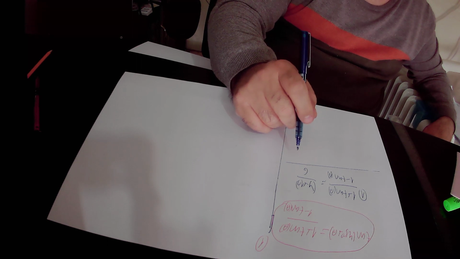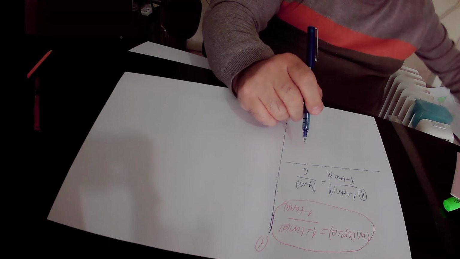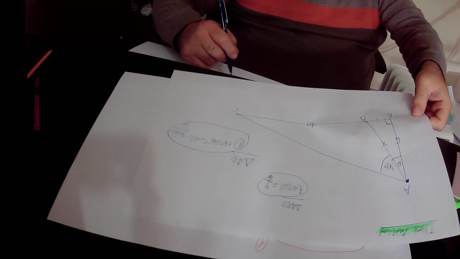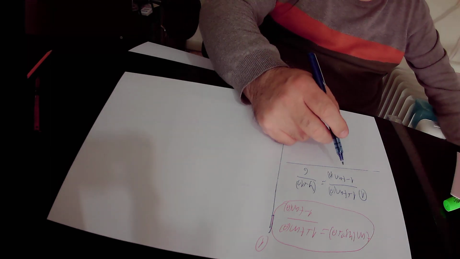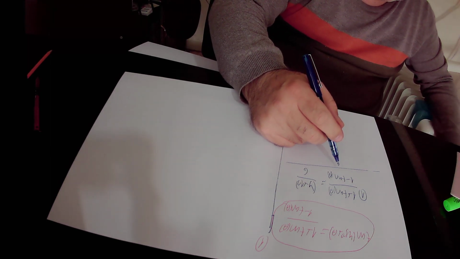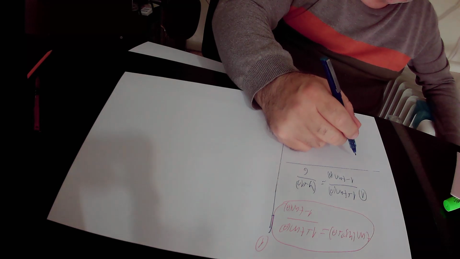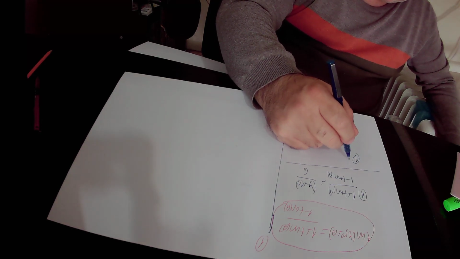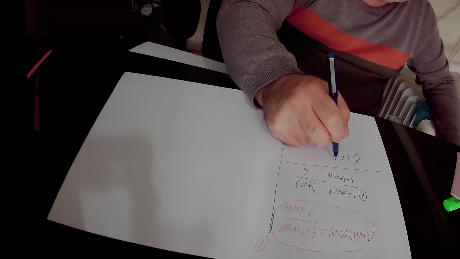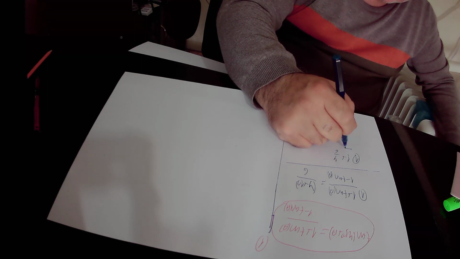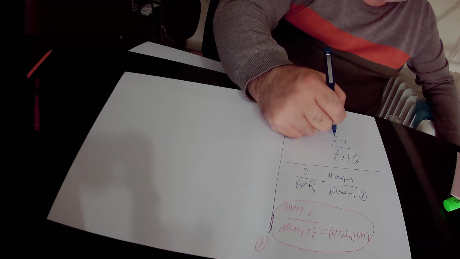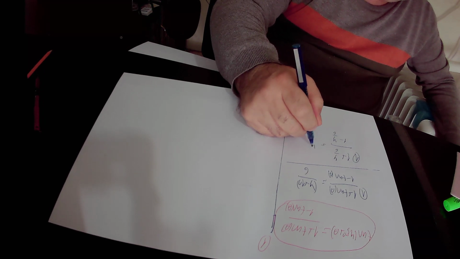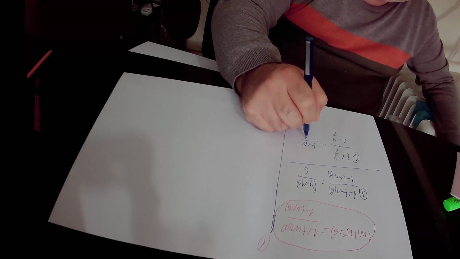But first of all, we have already found out that tangent theta equals y over 6, so we substitute tangent theta in equation number 1 by y over 6, and we get that 1 plus y over 6, over 1 minus y over 6, is equal to y plus 10 over 6.